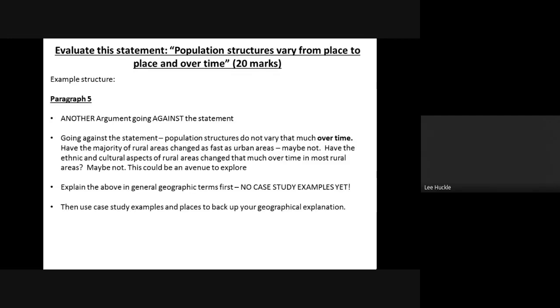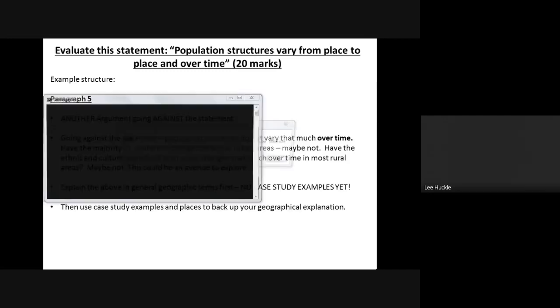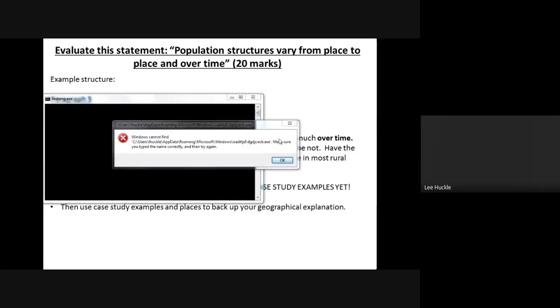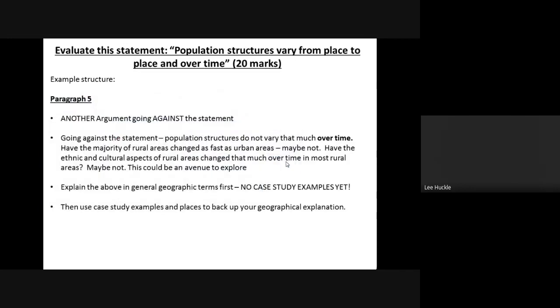So explain why smaller rural areas, their culture, their ethnic background, their diversity hasn't changed that much over time, and why that is. And you can create a little comparison within the paragraph itself, basically saying, well, urban areas have changed more over time with ethnicity and culture and diversity, and give the reasons. But then you've got to back up your case study example.